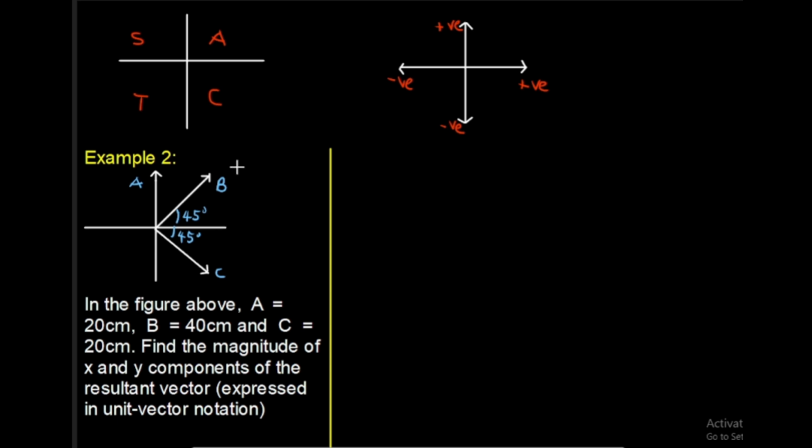But before we do that, there's something we call the CAST principle. And then I will also talk about this. Now let's start with the CAST principle. Now basically we have four quadrants. This is the first, this is the second quadrant, this is the third quadrant, this is the fourth quadrant. So this is the CAST principle.